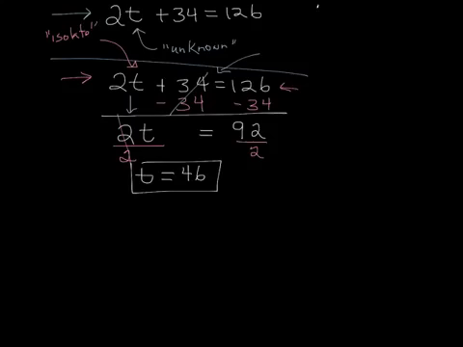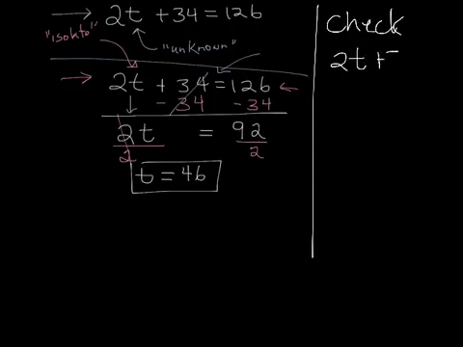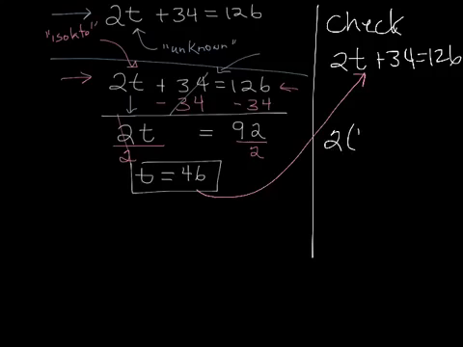Now this is the beauty of algebra. You can check your work yourself. Meaning that I can go back to 2t plus 34 equals 126. And I just said that t equals 46. We'll plug it in and see if it works. So 2 times 46, I put those parentheses to signify this is still multiplication, plus 34 equals 126.